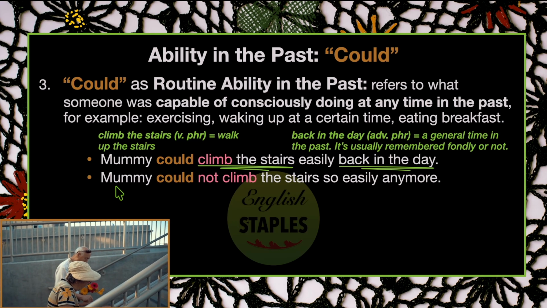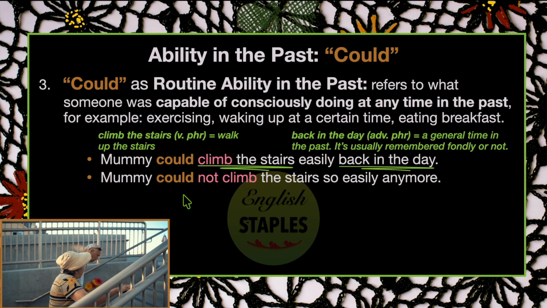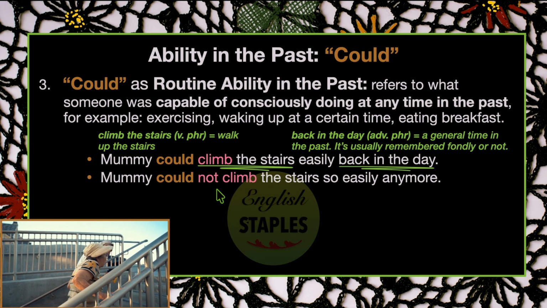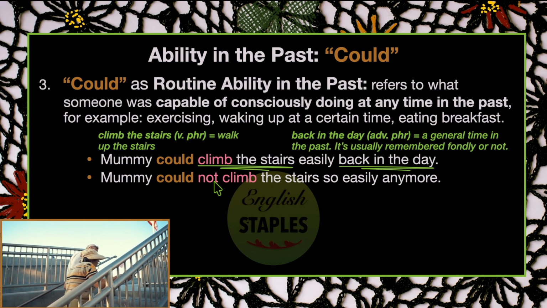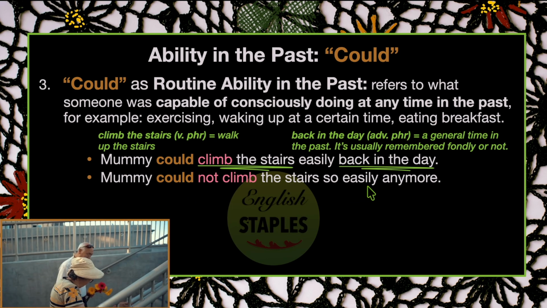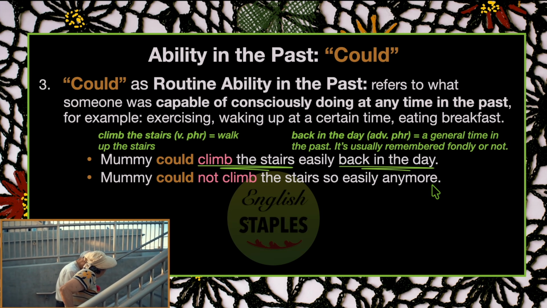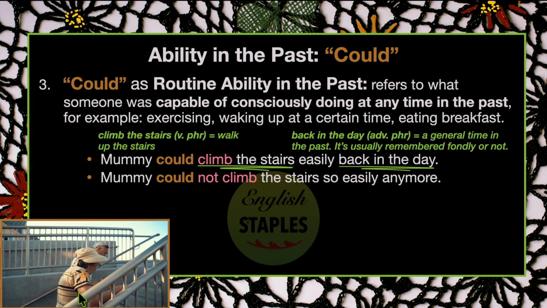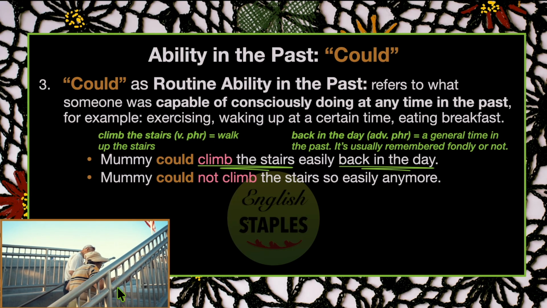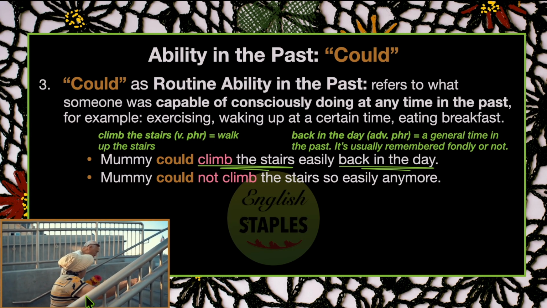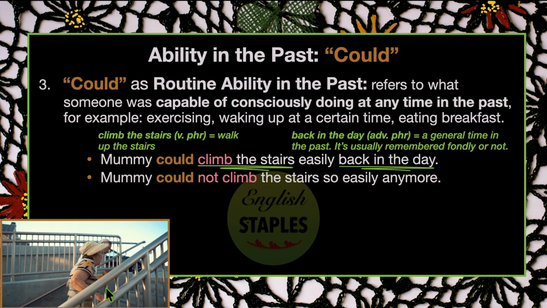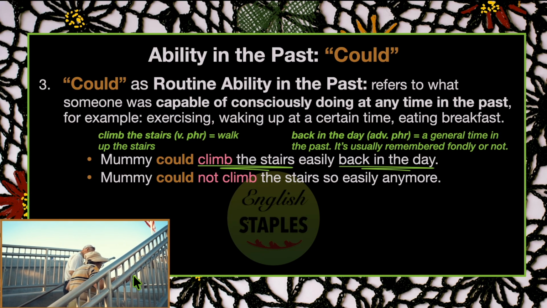Now, here we have it, but this time it's in the negative. Mommy could not climb the stairs so easily anymore. So you can see her going up the stairs, but she needs some help. So her husband is helping her, and he bought her flowers.